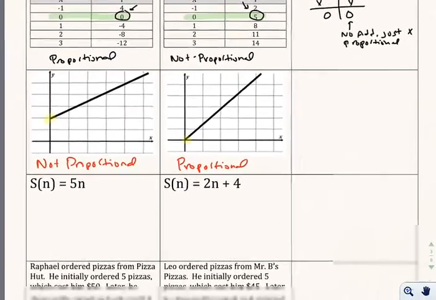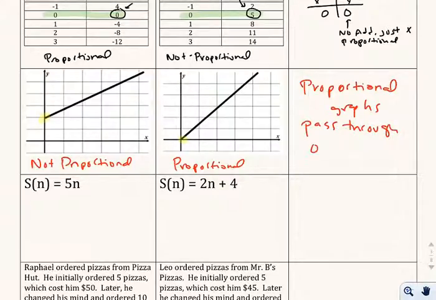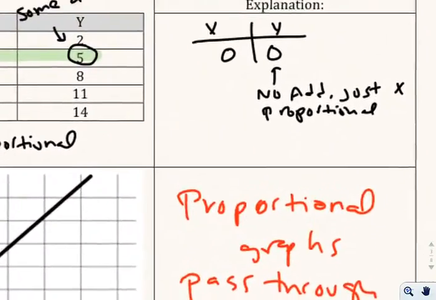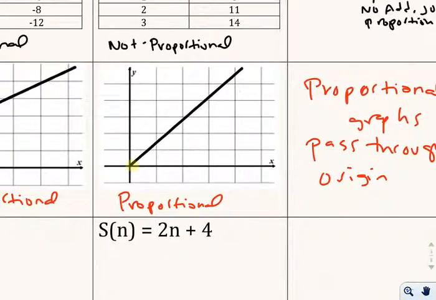And again, it has to go with this direct multiplication thing, but in the end, proportional graphs pass through the origin. In the same way, proportional tables will always have 0, 0. Proportional graphs will always pass through the origin, of course, this guy right here being the origin.